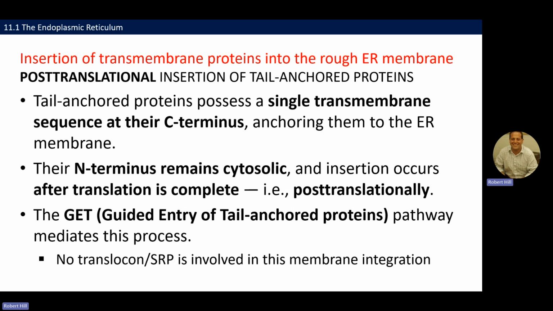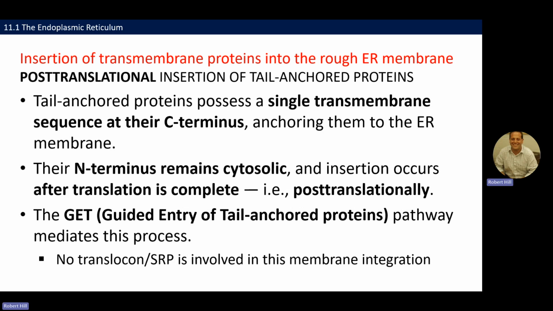This is the post-translational method, and it involves these proteins called GET proteins. So basically, it stands for guided entry of the tail-anchored proteins. But no translocon is involved. No signal recognition particle is involved. The ribosome is not brought to the ER membrane. Just the protein is.